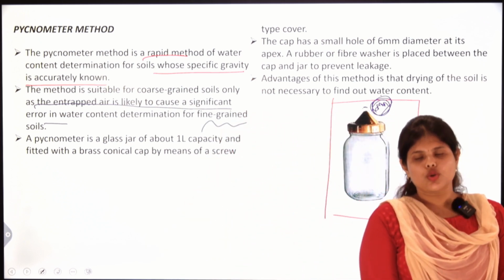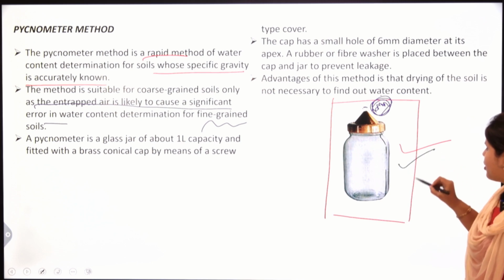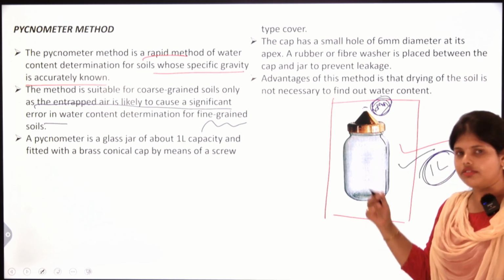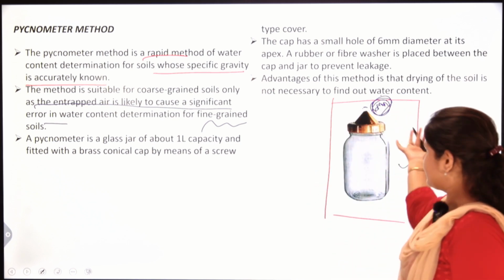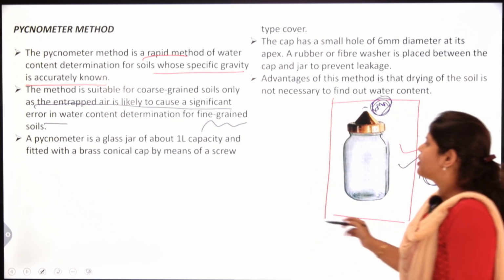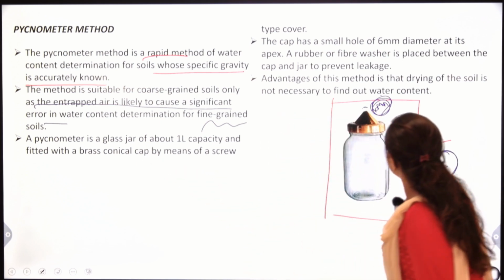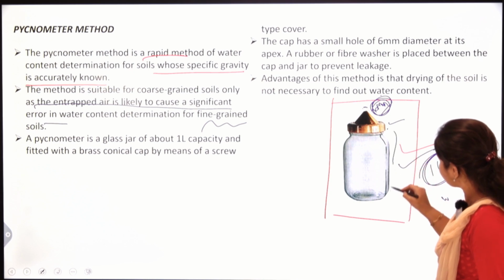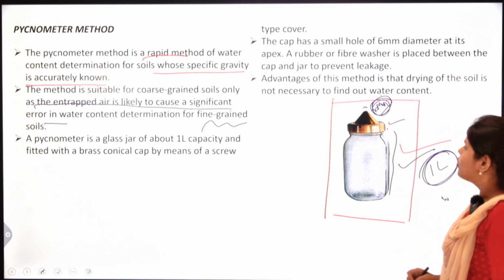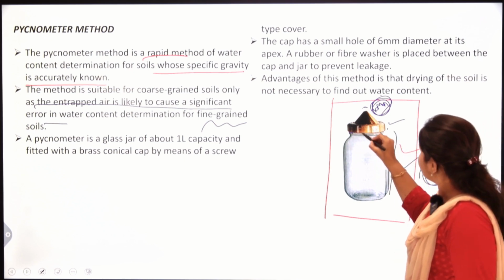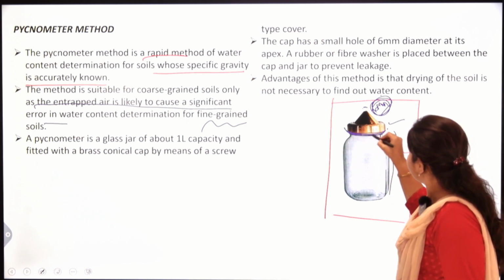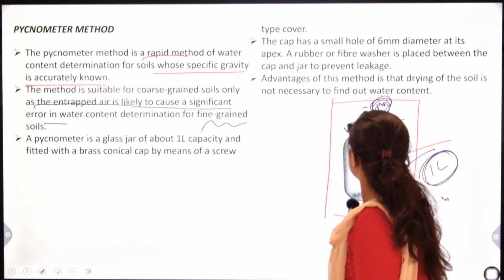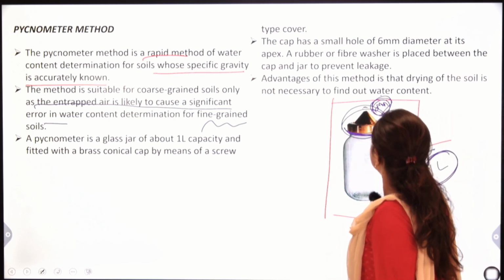Okay. So, this jar is about 1 liter. It can carry 1 liter of water or anything, fitted with a brass conical cap. Here, this is the brass conical cap, and here is your glass jar. So, one rubber washer is fitted to completely close the jar.